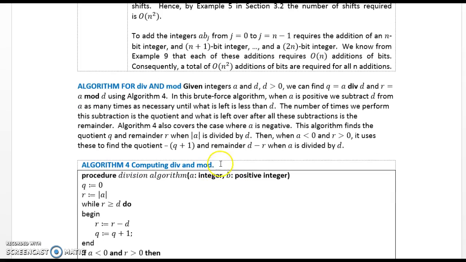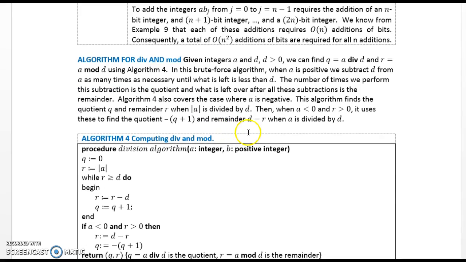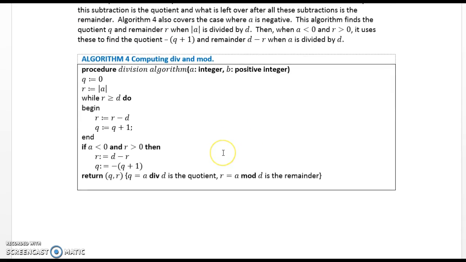Here we have an algorithm for division and mod, and what we basically do to get the division is we repeatedly subtract, and every time we subtract we increment the value of q, the quotient, until our remainder is smaller than our divisor.